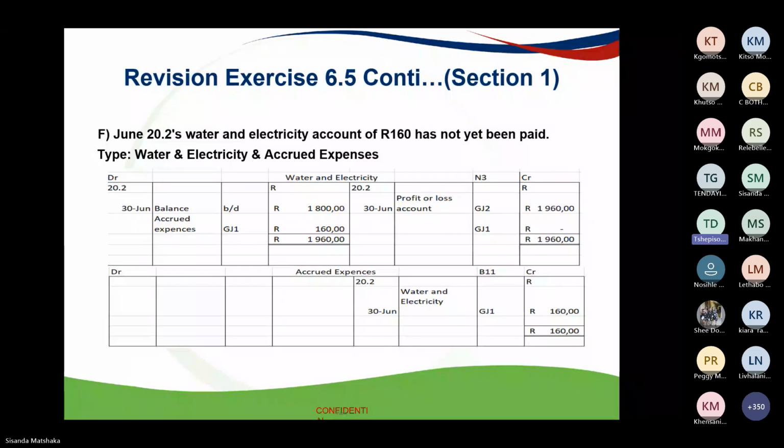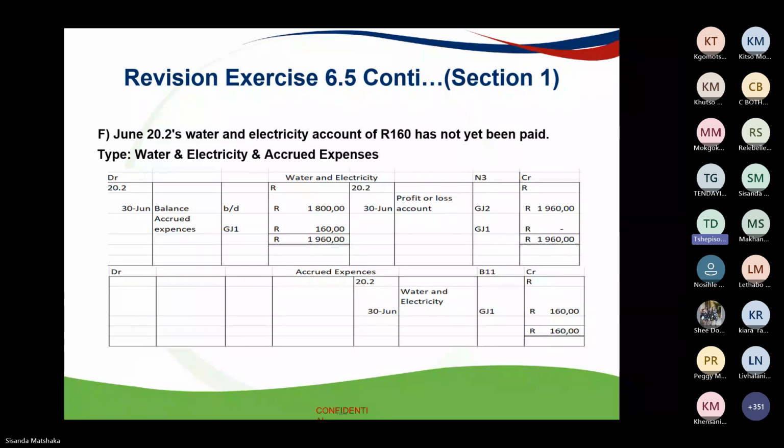Okay, the additional information provided that June 2020 water and electricity account of 160 had not been paid. In this instance, the transaction will affect the water and electricity, and it will also affect the accrued expenses.